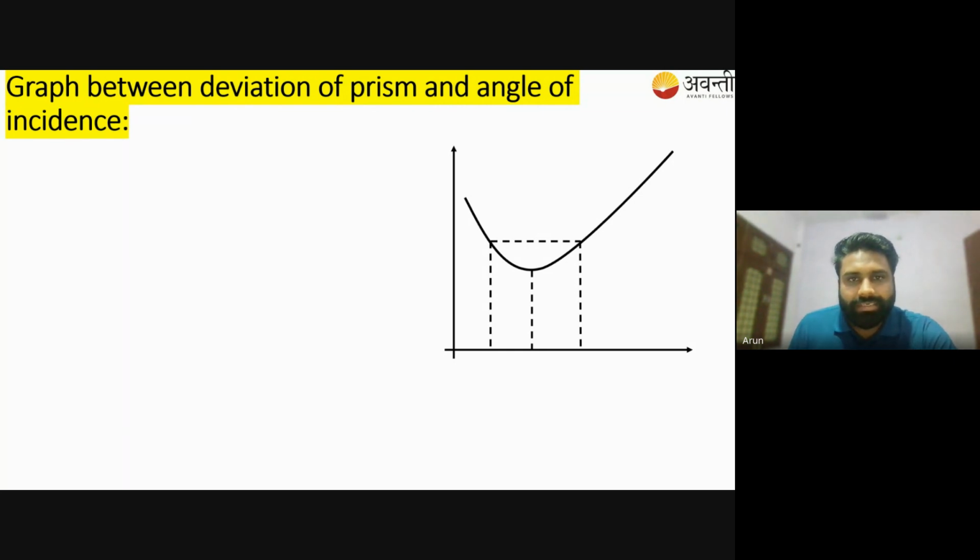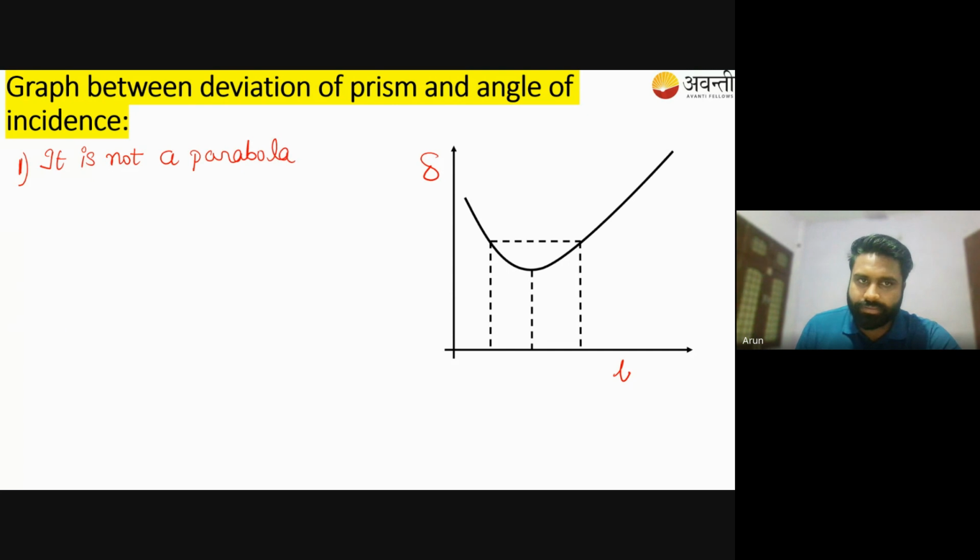This graph is made between delta and angle of incidence I. Firstly, you will remember that this graph is not a parabola, because it is tilted from the right hand side.